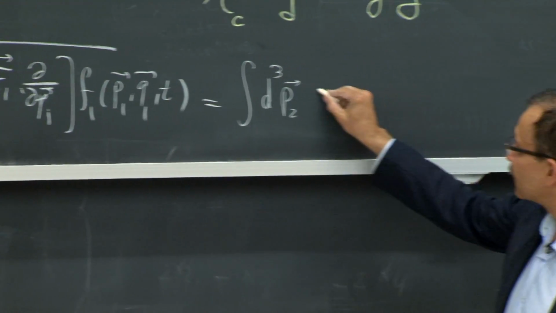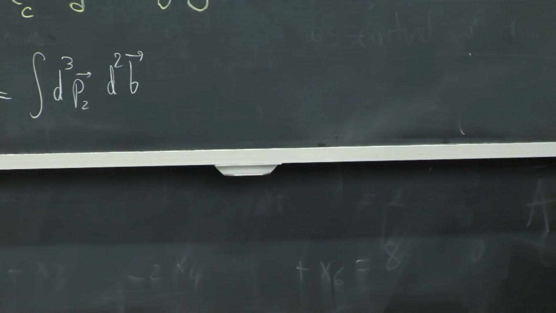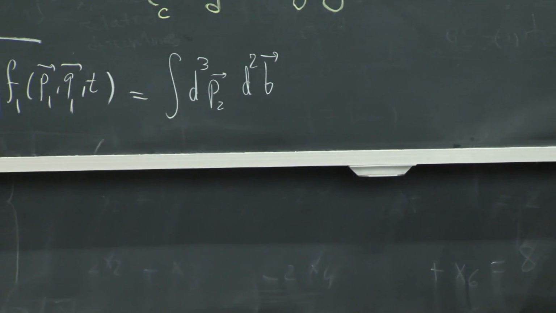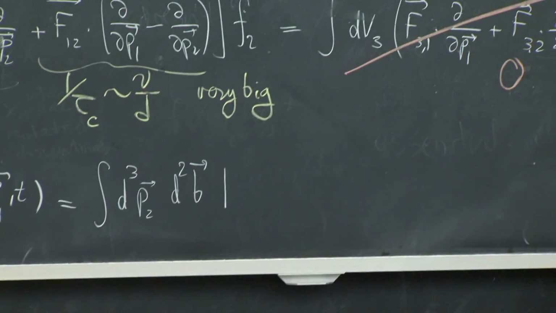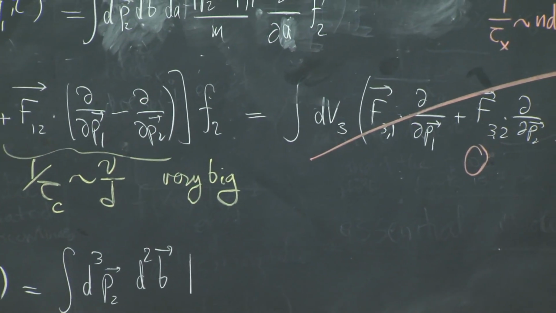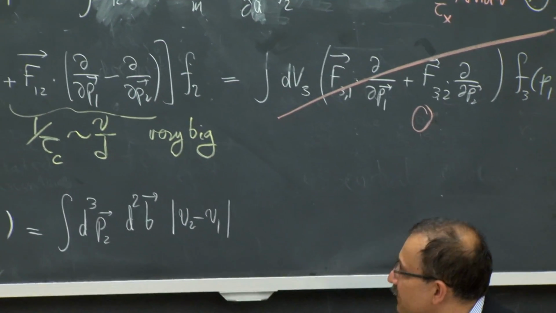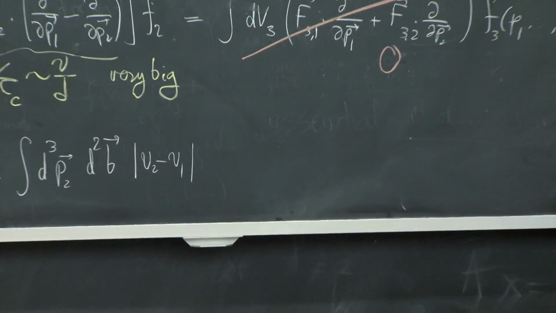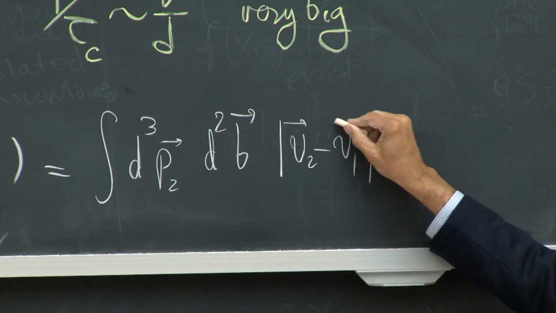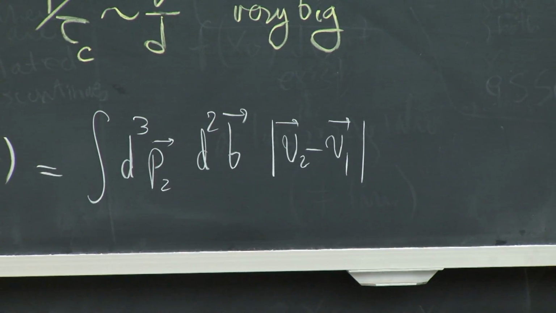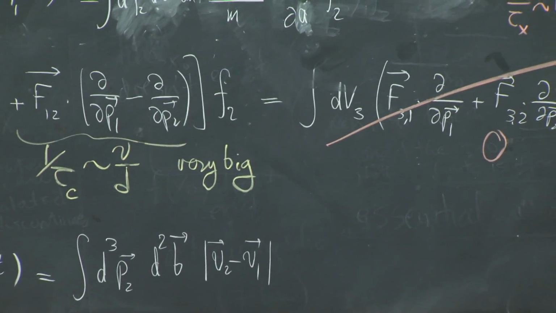I have an integral over the impact parameter that tells me the distance of closest approach. I have to do the magnitude of P2 minus P1 over m, which is really the magnitude of the relative velocity of the two particles. I can write it as V2 minus V1 or P1 minus P2. These are, of course, vectors, and I look at the modulus. And then I have the integral of a derivative.